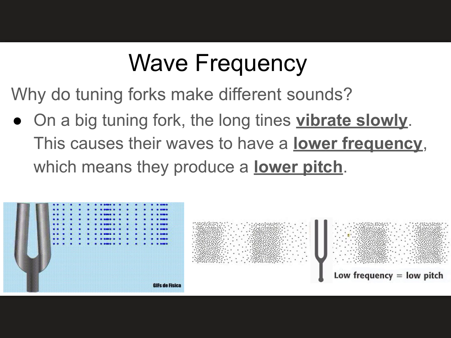So why do tuning forks make different sounds? On big tuning forks, the long tines, and the tines are this part of the tuning fork, vibrate more slowly, and this causes their waves to have a lower frequency. So because they have a lower frequency, they produce a lower pitch than small tuning forks.